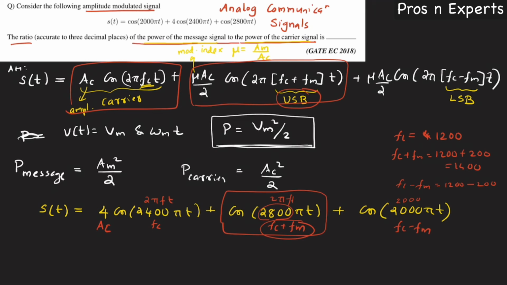So comparing that term, mu AC by 2 equals 1. This coefficient of the cosine term is 1. So mu AC by 2 is 1, and AC equals 4. That implies mu into 4 by 2 equals 1, which gives mu equal to 1 by 2.